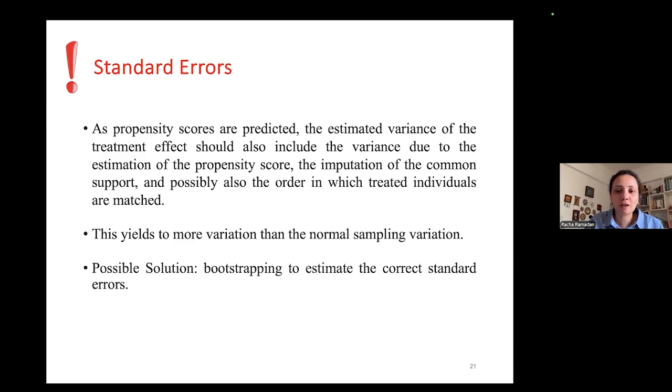It's not only the normal sampling variation, but additionally the variation related to the estimation from the first step. This is why one of the solutions is to bootstrap, and we'll see this with a small number of rounds, just to correct the standard errors, taking into account that we have two steps and we are using the estimated propensity score to estimate the average treatment effect, to reduce the variance and make sure of the significance of our results. So, as we will see.